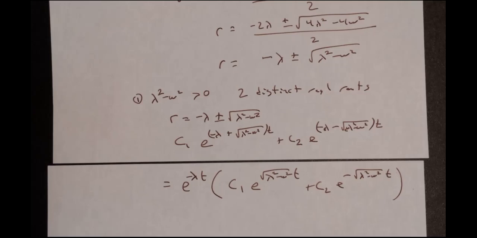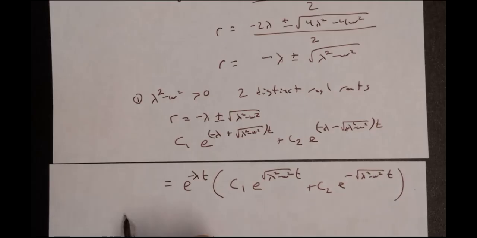And you said this was where lambda was bigger than w, right? Lambda squared minus w squared bigger than 0. Those are both positive numbers. Lambda is bigger than w. So there's more damping than there is desire to oscillate. Because that's what omega w was.